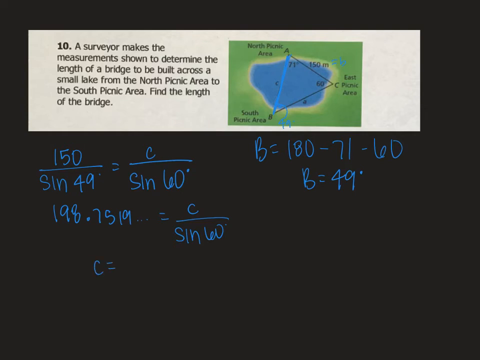Which is going to give me about 172.1 meters. Make sure you add that unit of meters on there since it's a story problem and it's asking for a length. You don't have to find side A because we don't need to know the length from the south picnic area to the east picnic area, just the north to the south picnic areas.